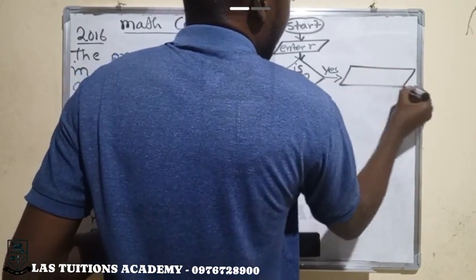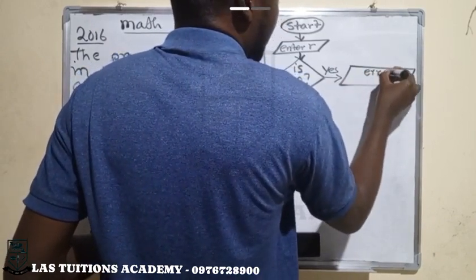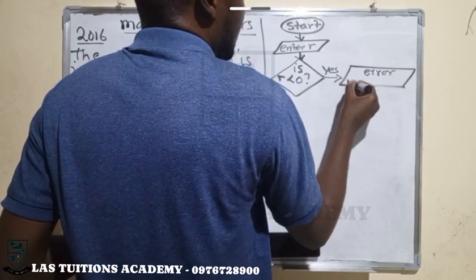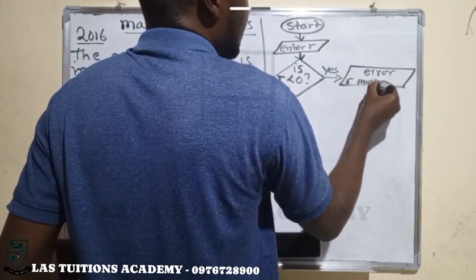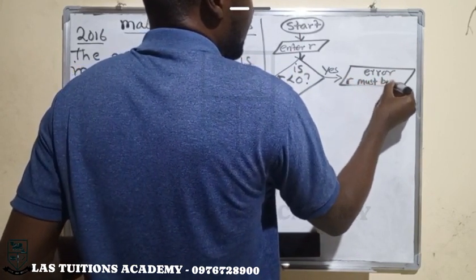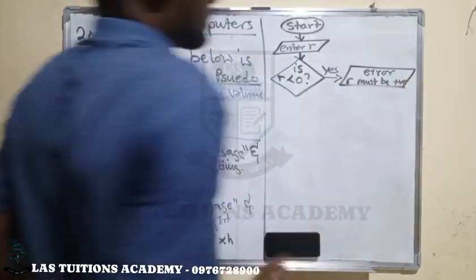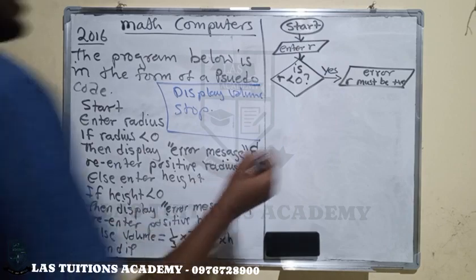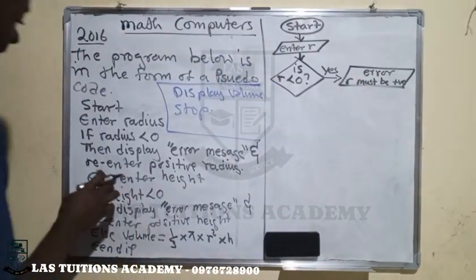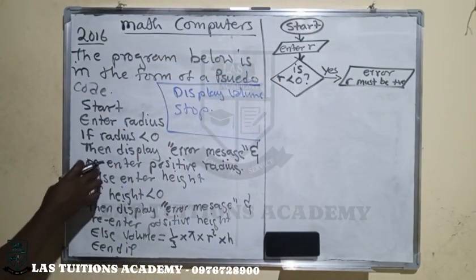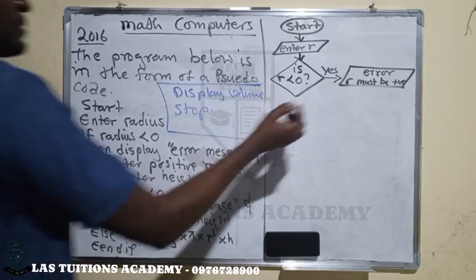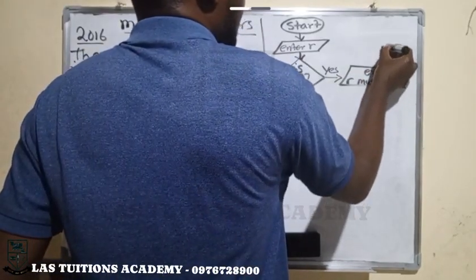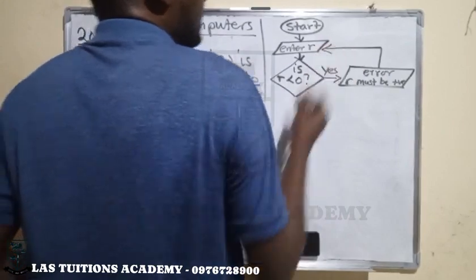So I have to say error, must be positive. Okay, error must be positive. So what do we do? Because here it says re-enter positive radius. So meaning we should put an arrow that directs to where radius should be entered.